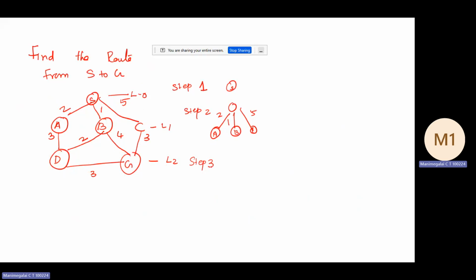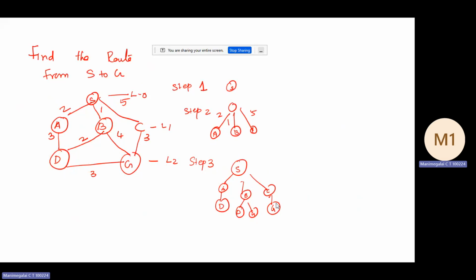How is the next step connected? So yes, A is connected to B. Similarly, B is connected to D and G. Similarly, here C is connected to G. Okay, so now this is step 3.